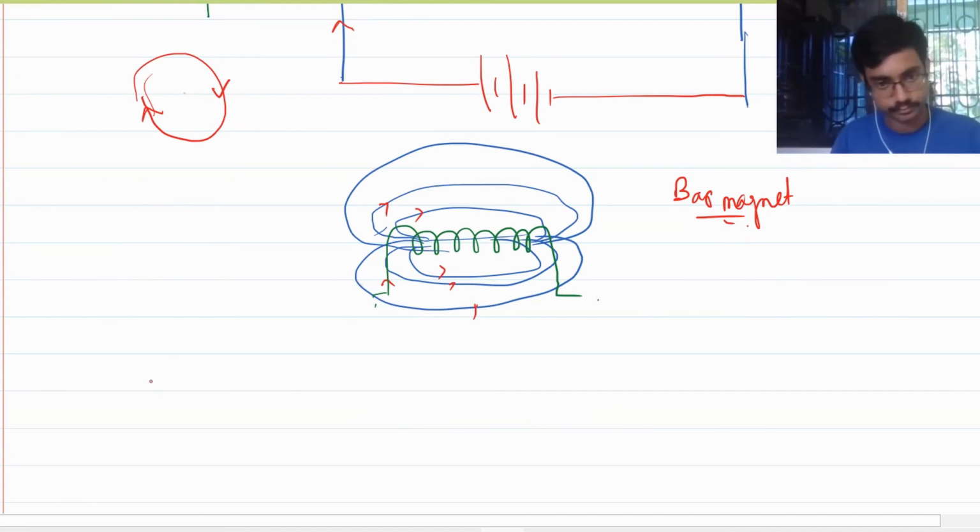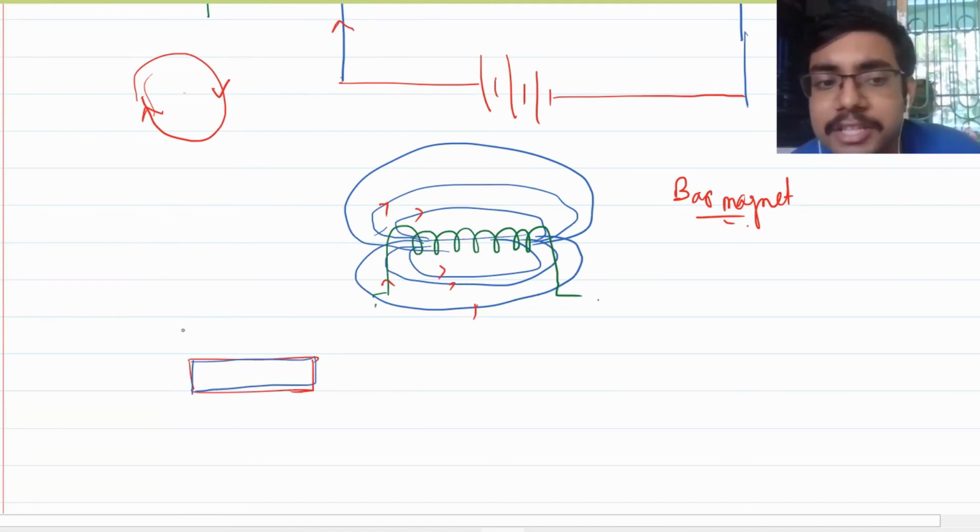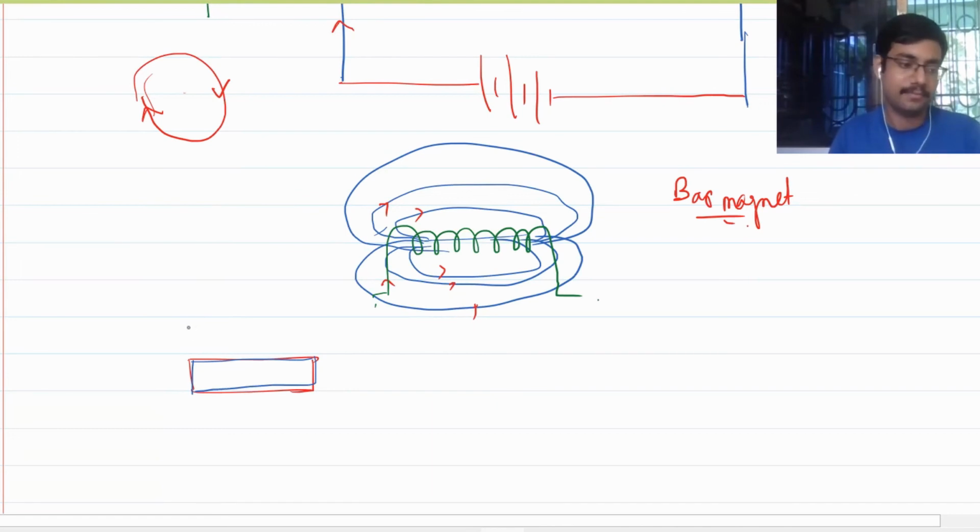See, suppose you have a piece of iron. Do you know that when you put a magnet in front of iron, the iron becomes magnetic in nature? Did you notice this, when the iron is attracted towards the magnet? Do you see that that piece of iron will attract many other iron pieces?